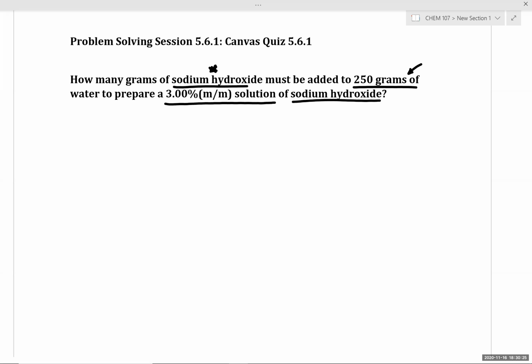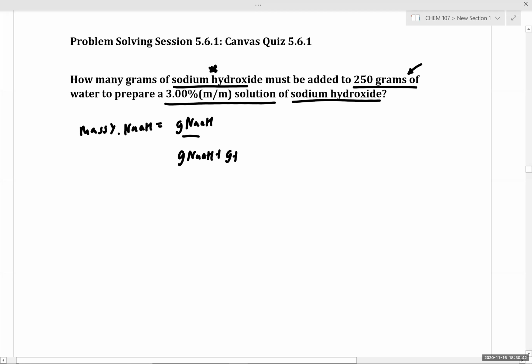Okay, so let's take a look at this example. So we know that the mass percentage of sodium hydroxide is equal to the grams of sodium hydroxide over the grams of sodium hydroxide plus the grams of water, where sodium hydroxide is our solute and water is our solvent.